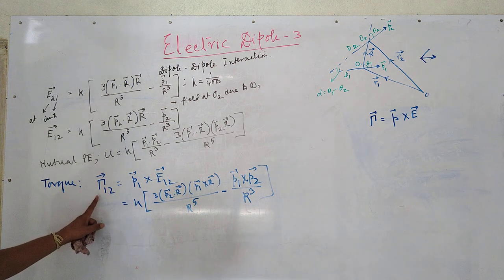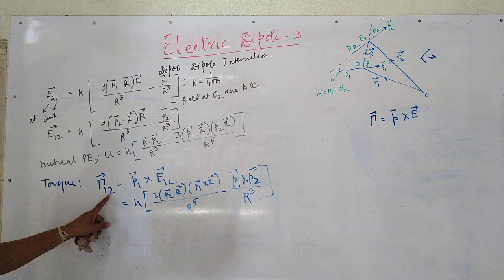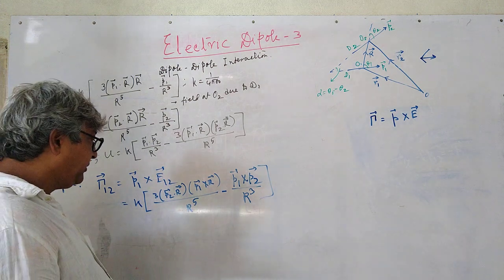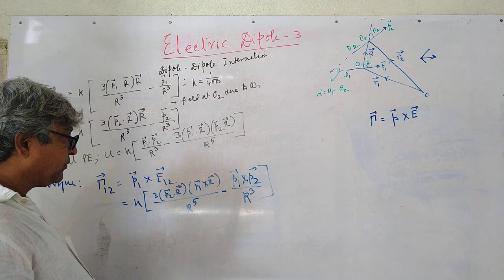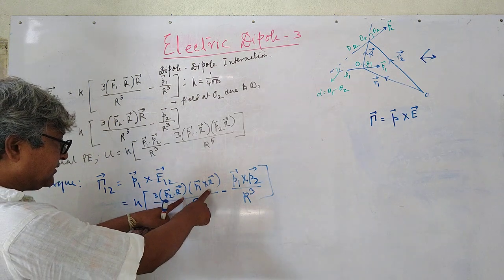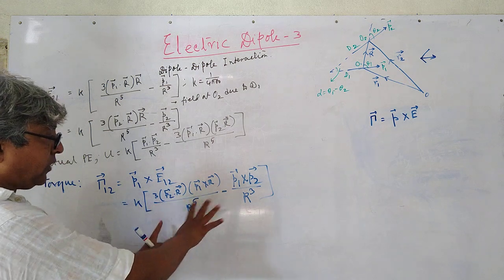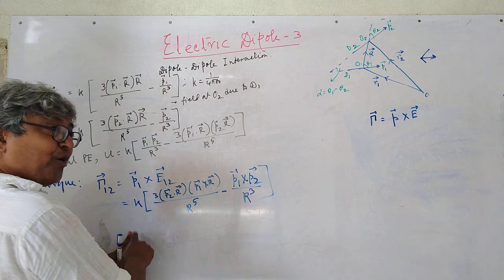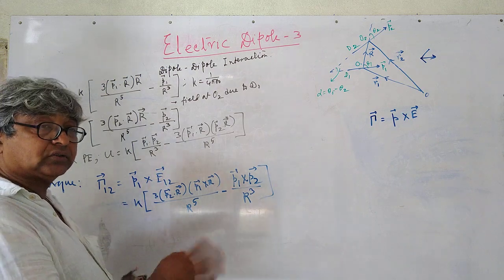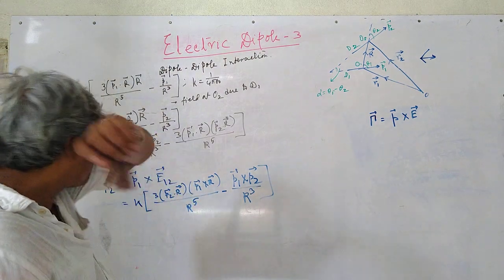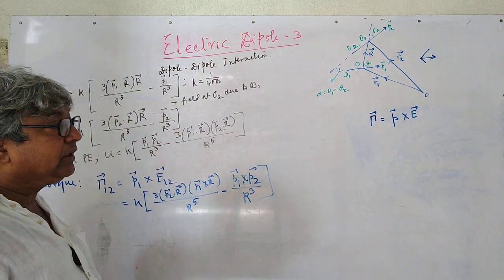If you want an expression for tau 21, we need to replace vector P1 by P2 and r by minus r. Changing r by minus r, nothing changes, but changing P1 to P2, this would no longer lead to minus tau 21. That is, the torques that act on the two interacting dipoles are not exactly opposite.